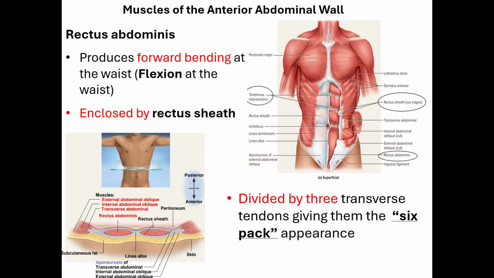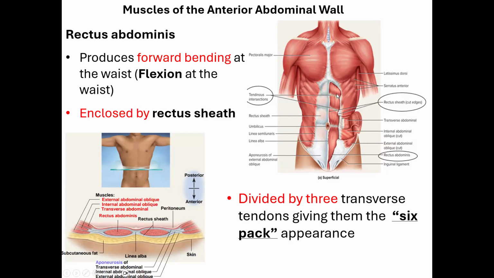So it causes forward bending or flexion. And what is the joint here? The hip joint, right? The waist. So at the waist, that's the axis, and you're bending down, and that's called flexion. So the muscle which produces the flexion is called the rectus muscle.